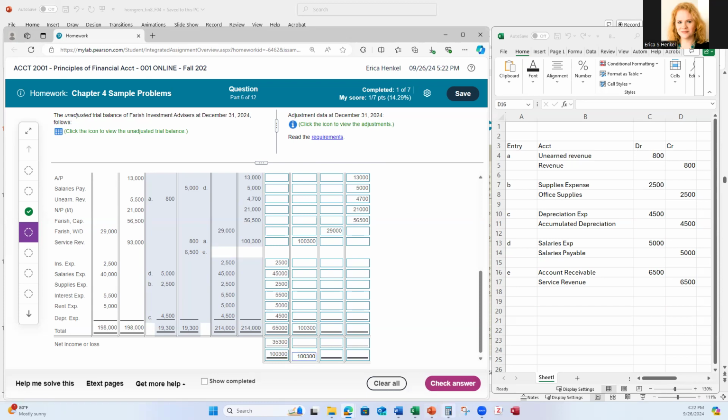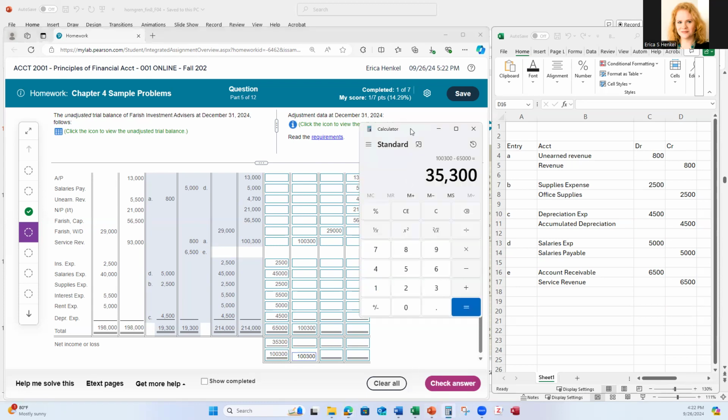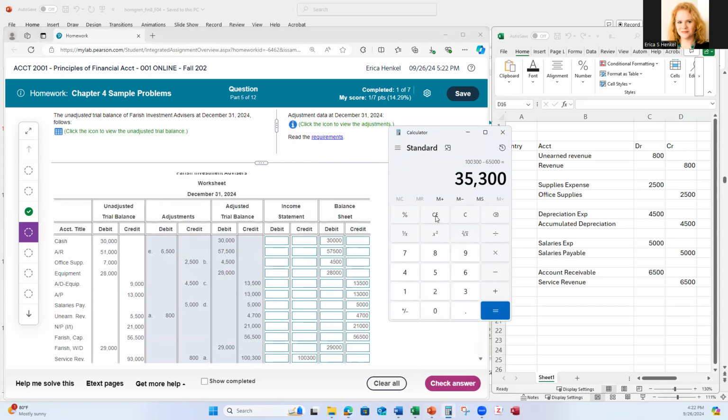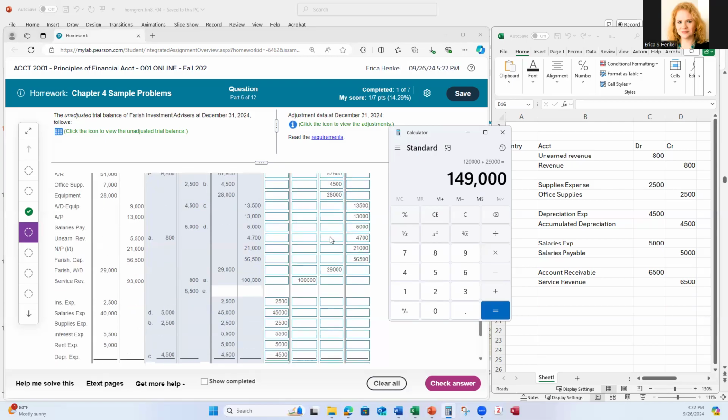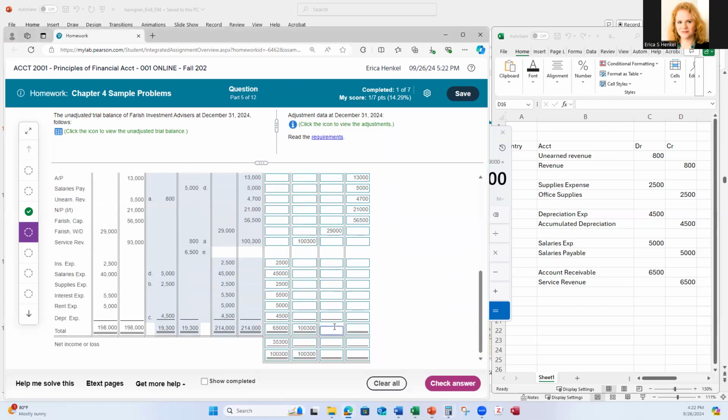Now we're going to do the same thing over here. We're going to add up the debits and credits. And so for debits on the balance sheet, I have 149,000.